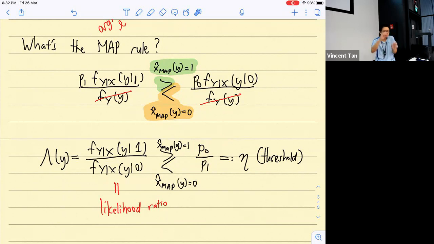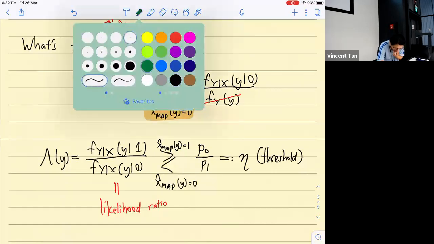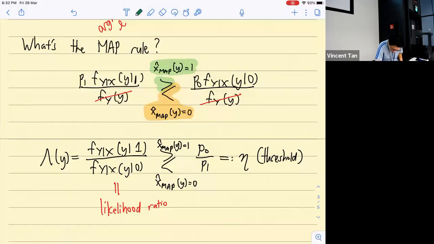But if only 5% of the population has cancer and 95% does not, let's give this some numbers. No cancer is P0, and P0 is called the null hypothesis actually. In statistics, null hypothesis means nothing happens. So 5% over 95%.